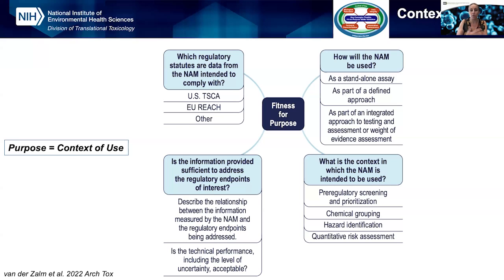Is the NAM intended to be used on its own or as part of an integrated strategy? How is it intended to be used? And what regulatory endpoints is it intended to address? So is it things like screening and prioritization, all the way down to deriving a point of departure for quantitative risk assessment? So this is the first key consideration.